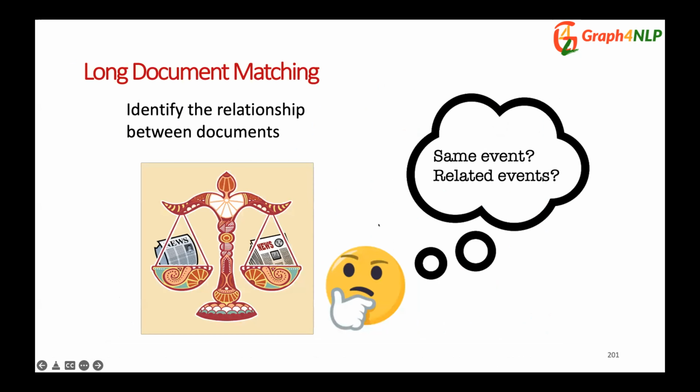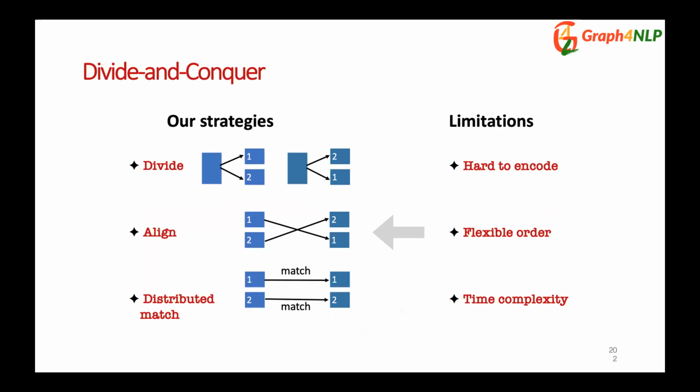Next, we talk about how we can do text matching, both long document matching and short text matching. For long document matching, in the Story Forest system, we need to compare whether two articles are talking about the same event or not. This is different from sentence pair matching, because for long documents it's harder to encode the semantics, and you can shuffle the different passages in the document and keep the meaning unchanged.